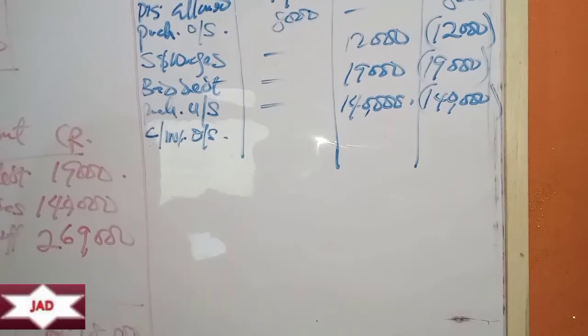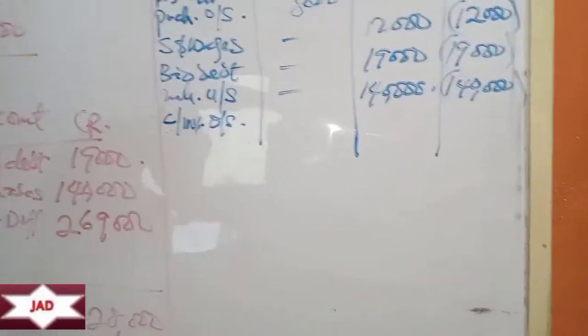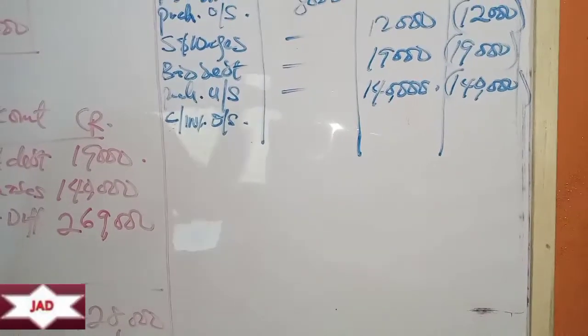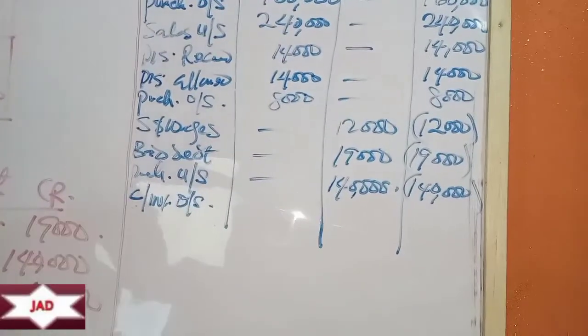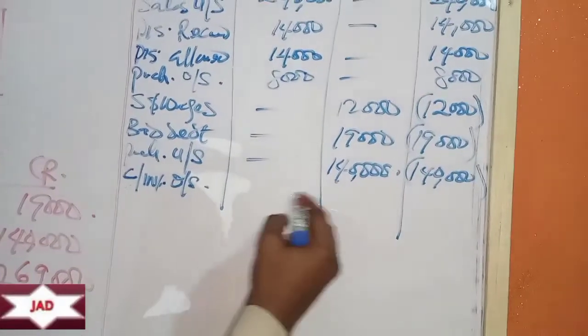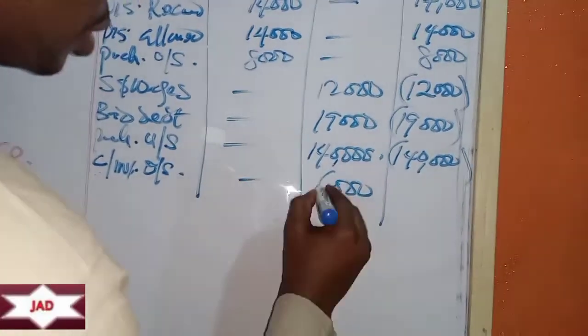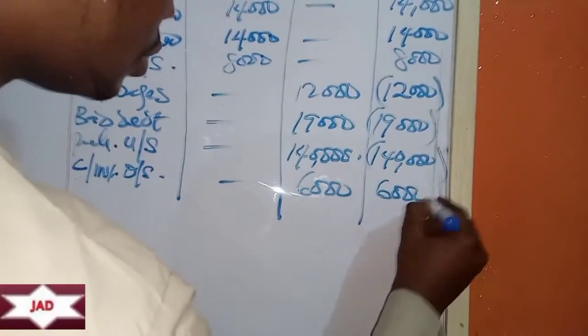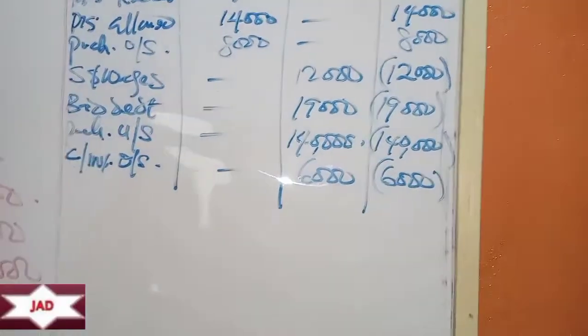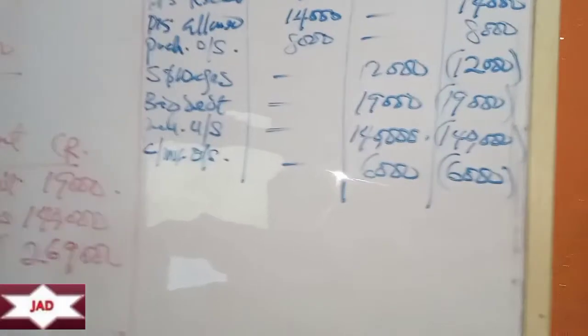If you overstate closing inventory, you understate your cost of sales, and you are overstating your profit. So we deduct. What's the inventory there? 6,000. So we deduct. I think that's about it from the journal perspective here.